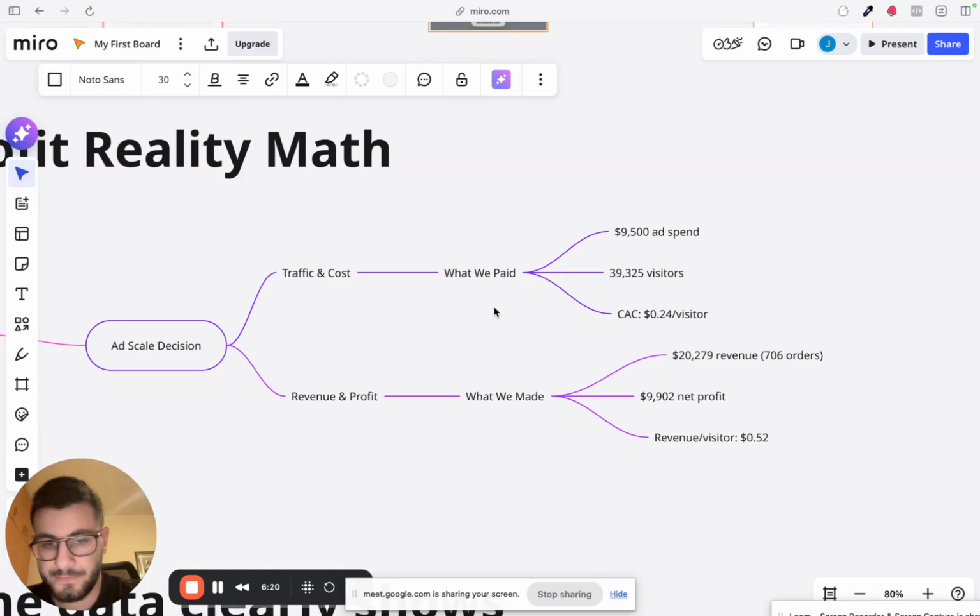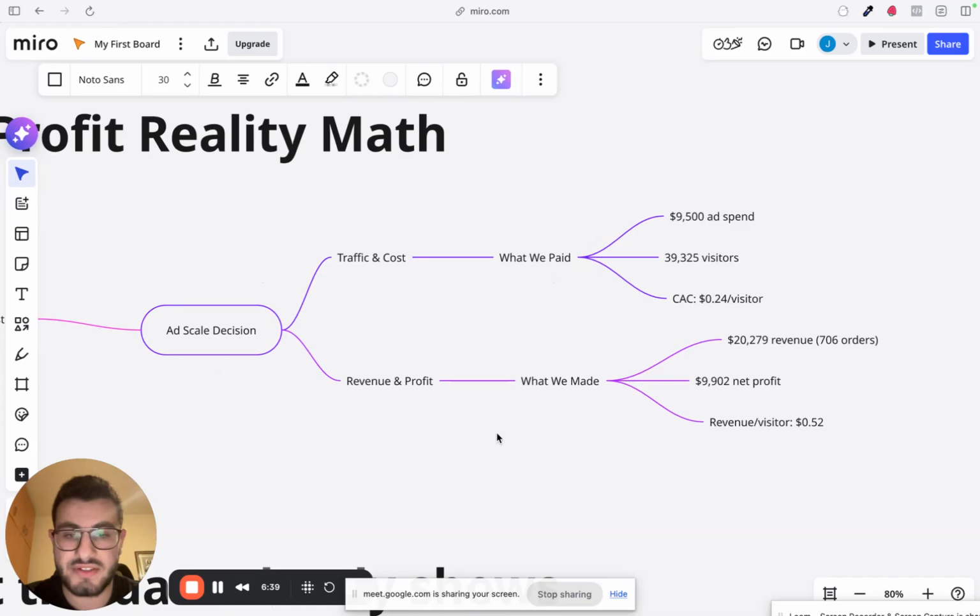These are purely from the store. Out of these 20K and the draft orders, we got a 9.9K net profit, which means your revenue per visitor is 52 cents. Does that make sense so far?